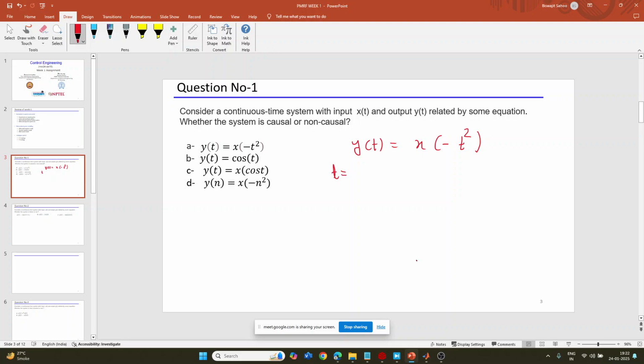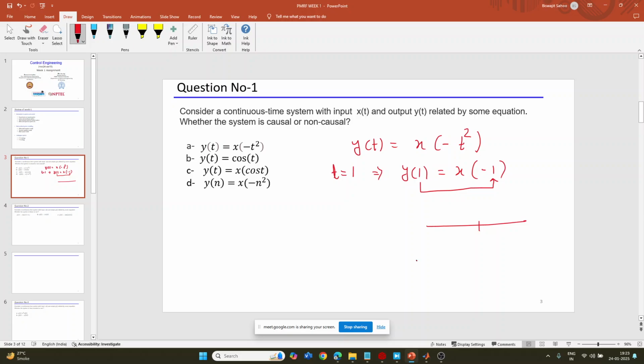At t equal to 1, y of 1 is x of minus 1. It means your output at t equal to 1 depends on a past instant of input.